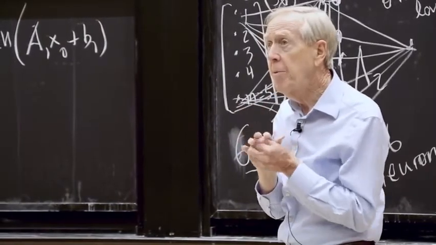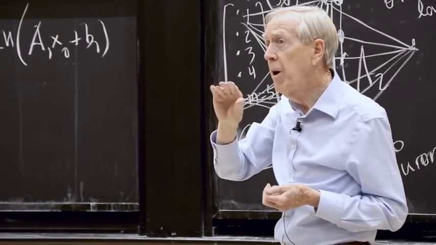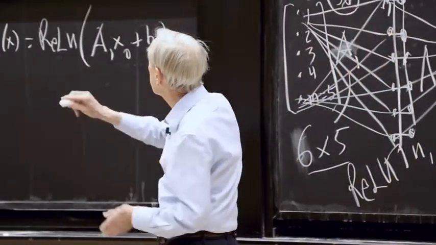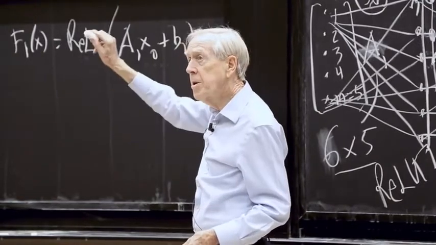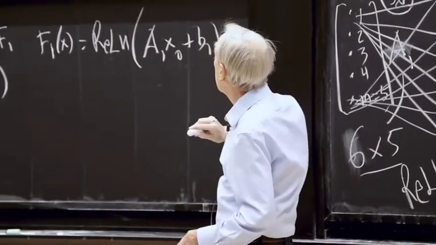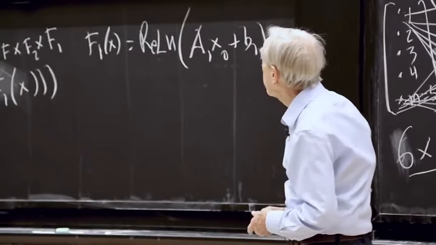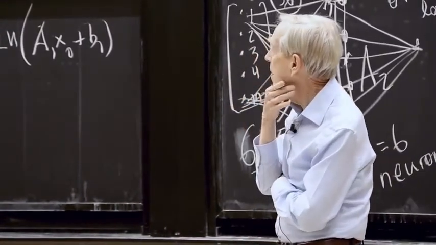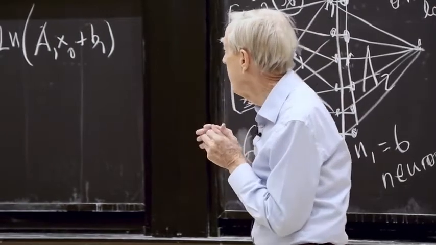People imagined that it was important to have a smooth function. So the original functions were sigmoids, like S-curves, but of course, it turned out that experiments showed that this worked even better.